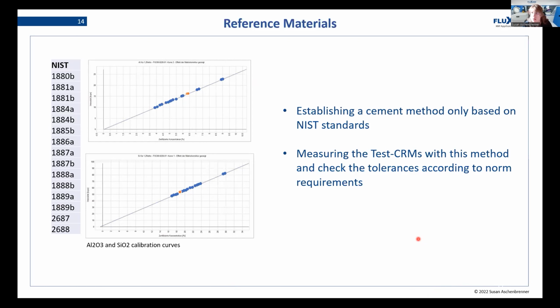So the table that you saw in the very beginning, with all these different tolerances, these were the tolerances we checked for with our test CRMs, measuring them with a calibration method completely based on NIST standards. So again, all these calibration curves are completely based on NIST standards, and the other CRMs are measured as unknown samples now.